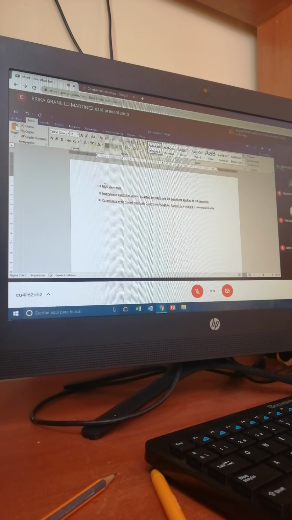Entonces, en la tarea 4, lo que van a hacer es un caso de estudio using homework 1.